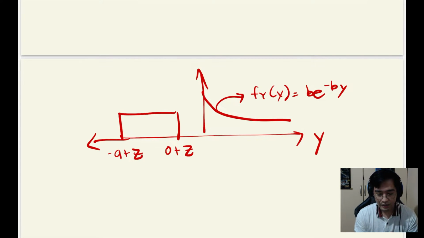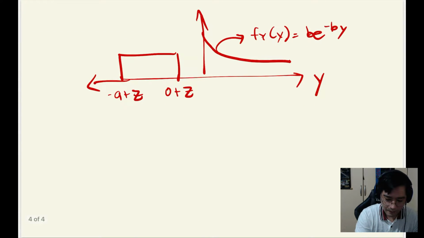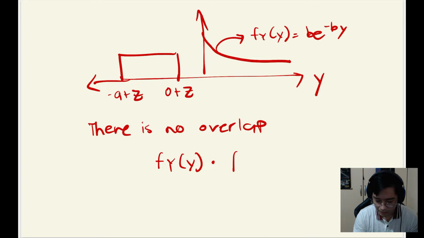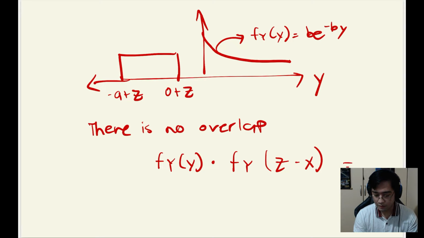So since we shift it by this value, the next step is to multiply both functions with each other and then to integrate. But since there is no overlap, the product of f sub y of y and f sub x of z minus y is equal to 0.